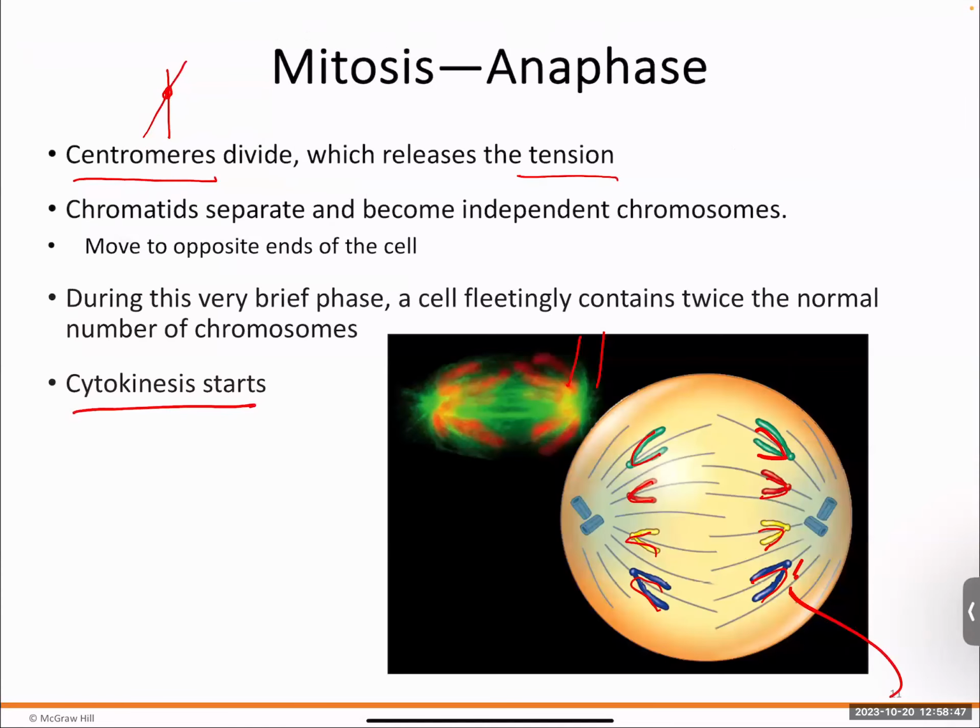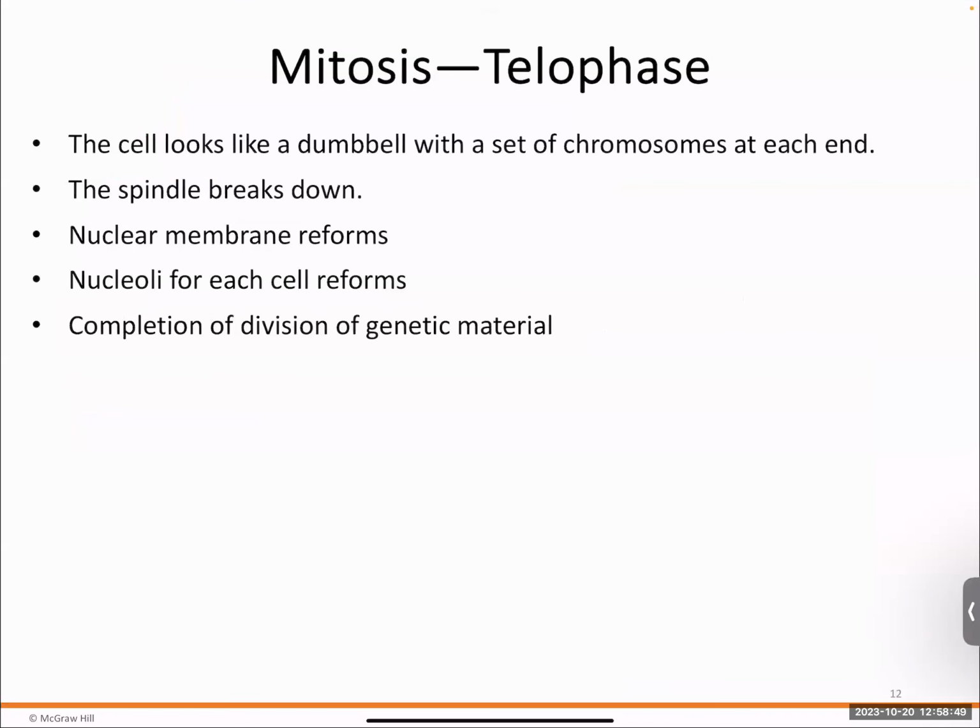Now, the last step of this mitotic phase is the telophase. Telophase is important for us because at this point, your cell has its genetic information divided, and it's ready to basically finish up the process.